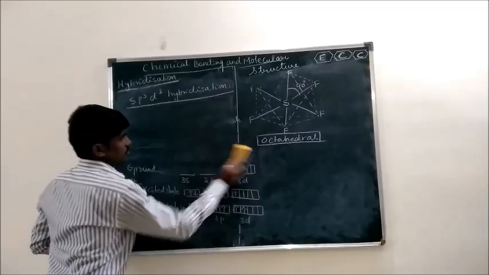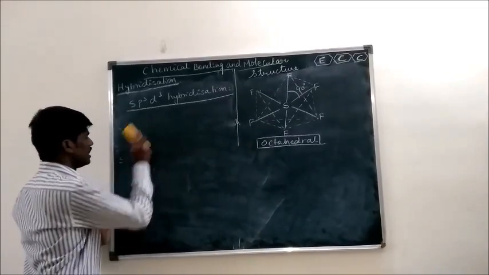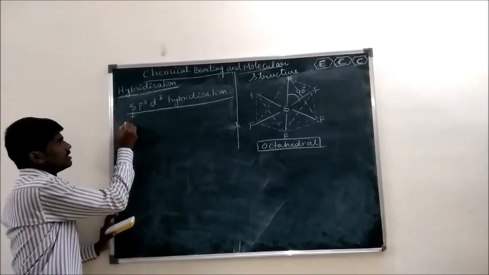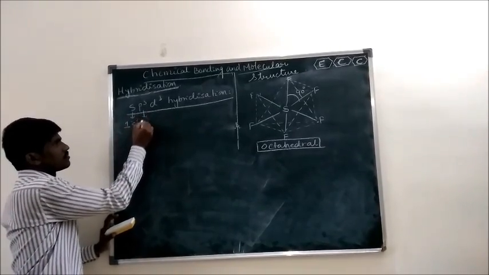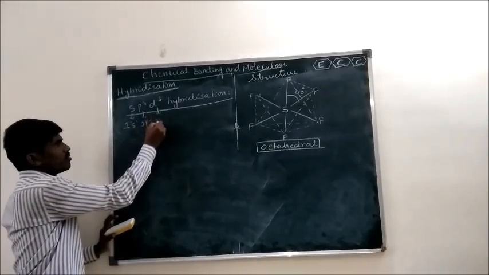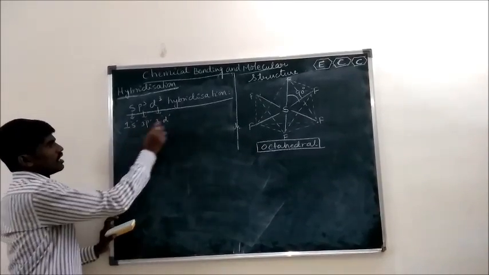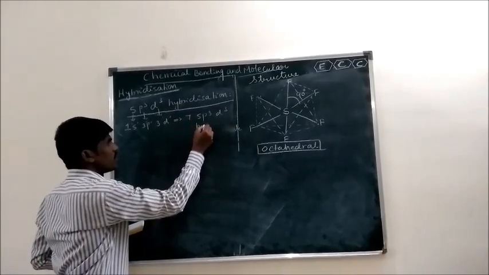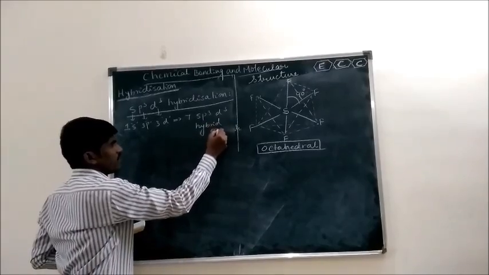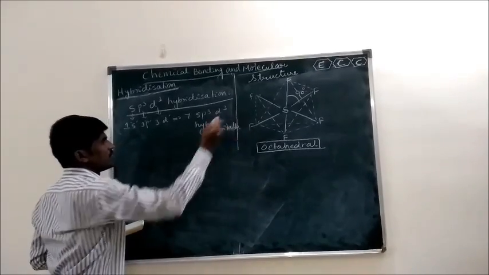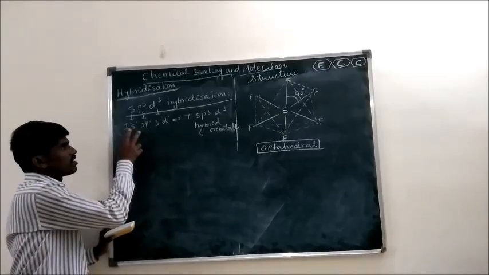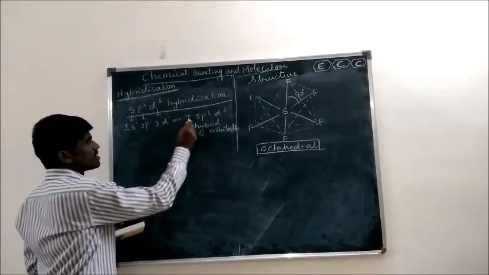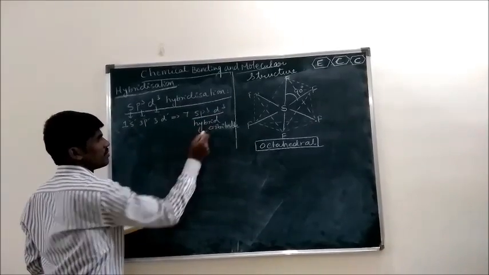So you can say easily, sp3d3 hybridization means 1 s orbital, 3 p orbitals, and 3 d orbitals, total 7 orbitals intermixing. 7 sp3d3 hybrid orbitals are forming.